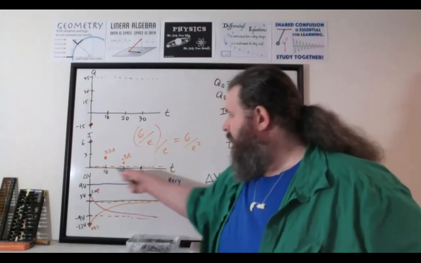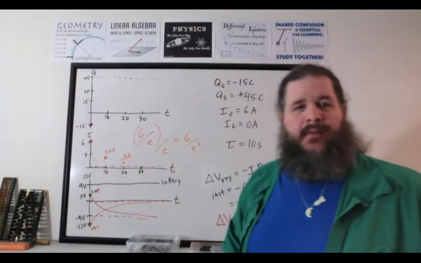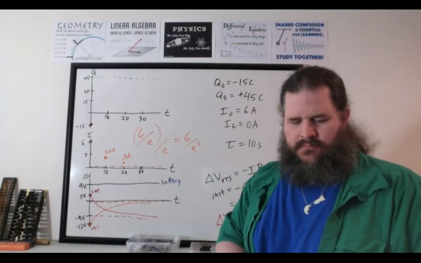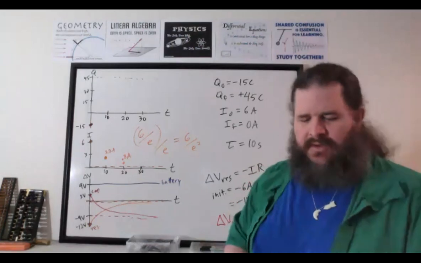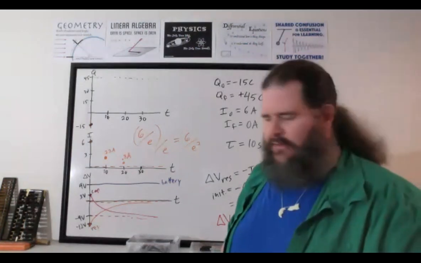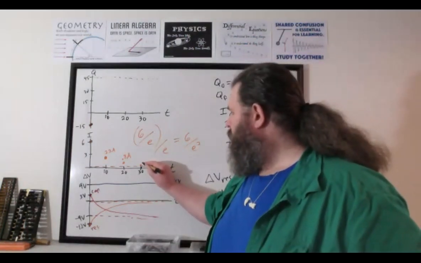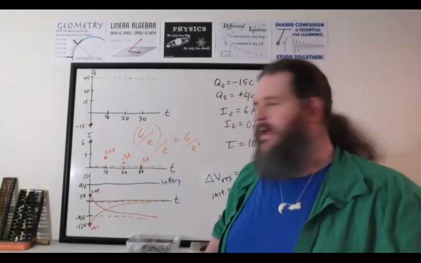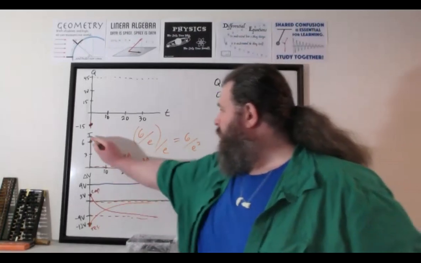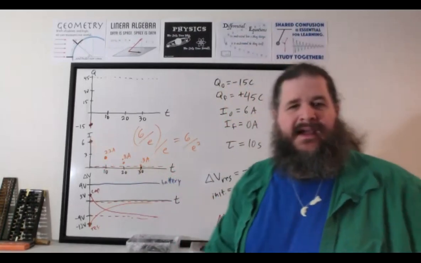And then after 3 time constants, we could take 6 and divide by what? e cubed. Right, divide by e cubed, I'm getting about 0.3. So by adding in these 2 more data points, we get a much better idea of how quickly this is decaying.